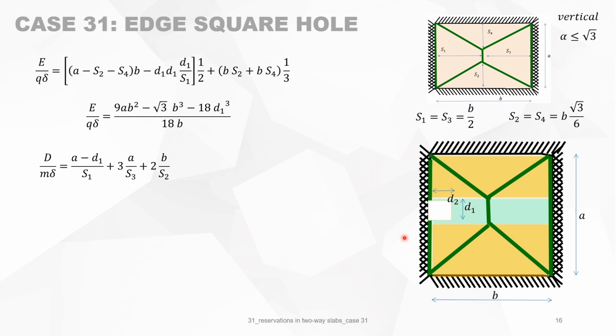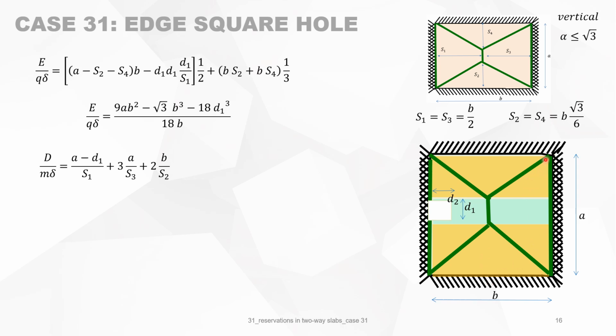The work done by the internal forces: this bending moment M is projected through this axis, so it is M times B, and the angle of rotation is delta over S4. Here we get M times B divided by S2.